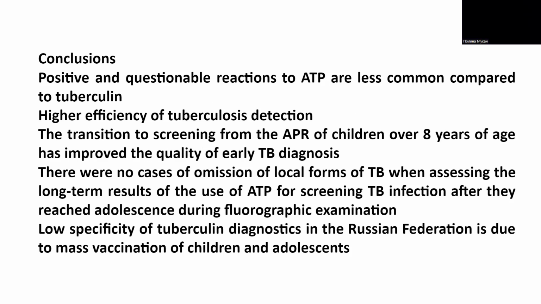There were no cases of missed localized forms of TB when assessing the long-term result of the use of ATP for screening TB infection after the children reached adolescence during fluorographic examination.